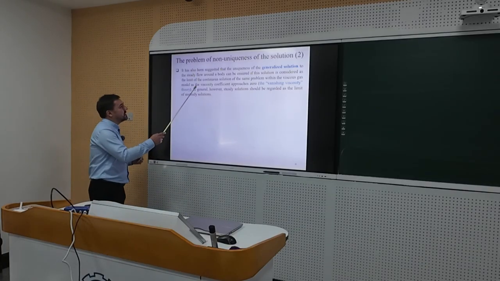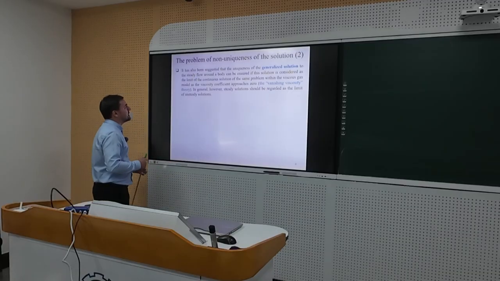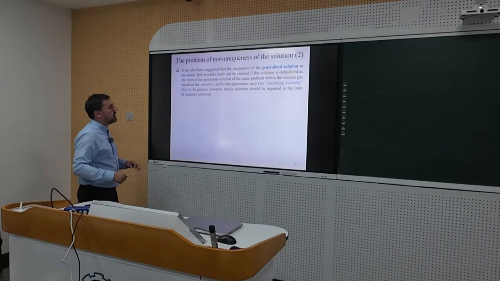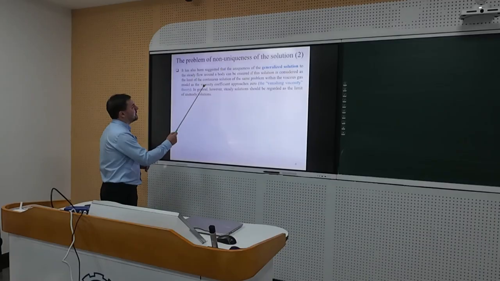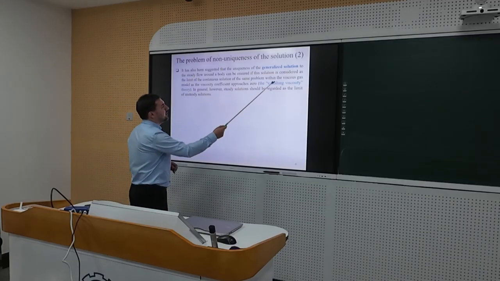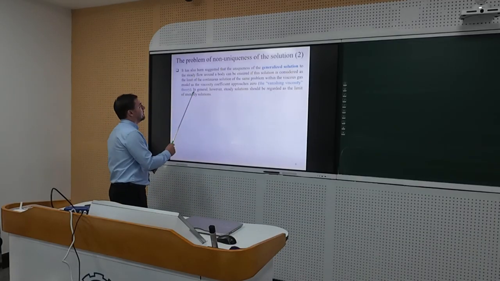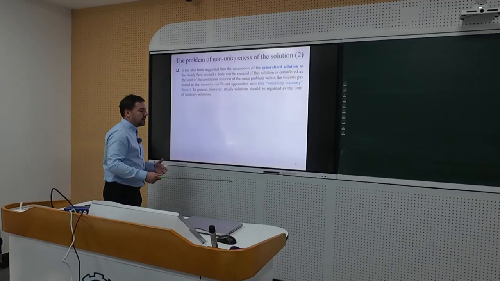It has also been suggested that the uniqueness of the generalized solution to the steady flow around the body can be ensured if the solution is considered as the limit of continuous solution of the same problem with the viscous gas model, as the viscosity coefficient approaches 0.